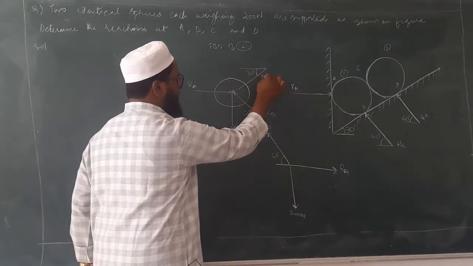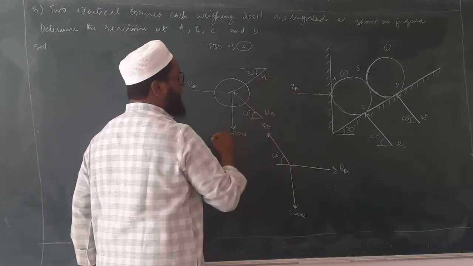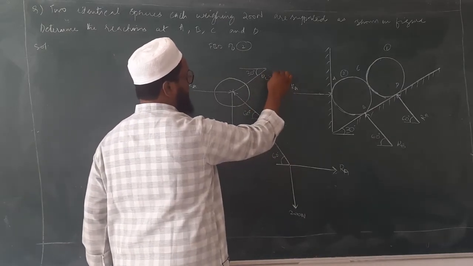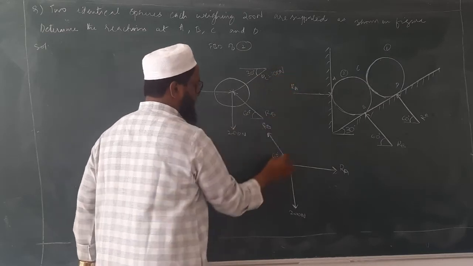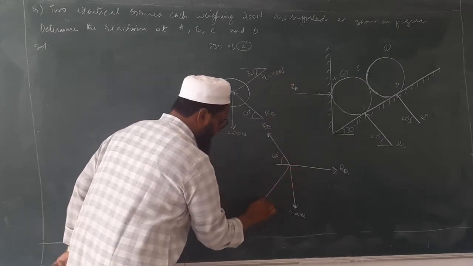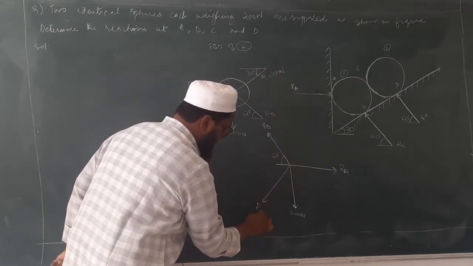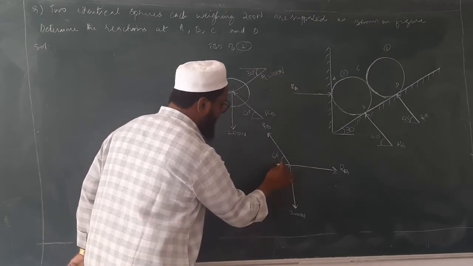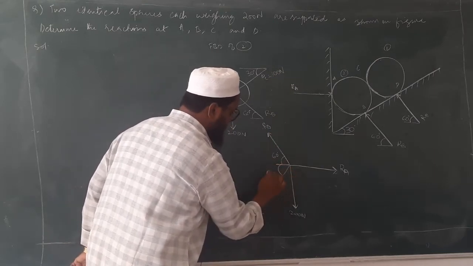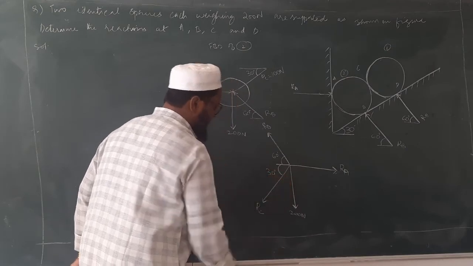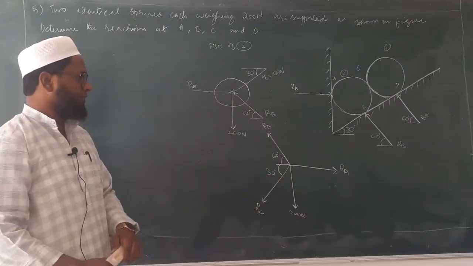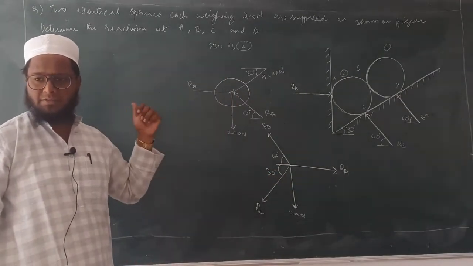This is RC, right? RC is equal to how much we got? 100 newtons. So this is RC, and the angle of RC with the x-axis is 30 degrees.